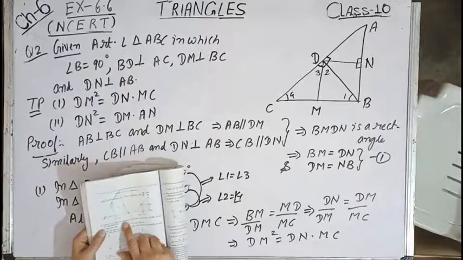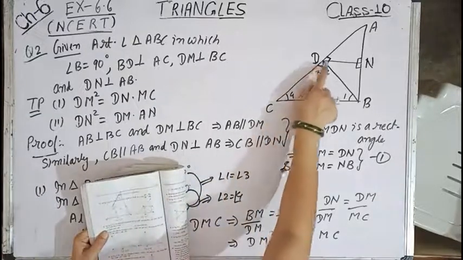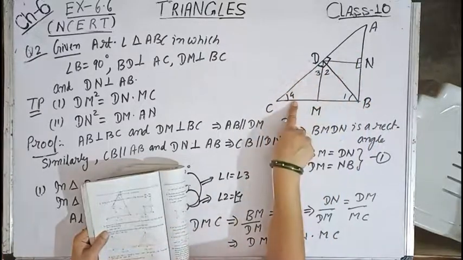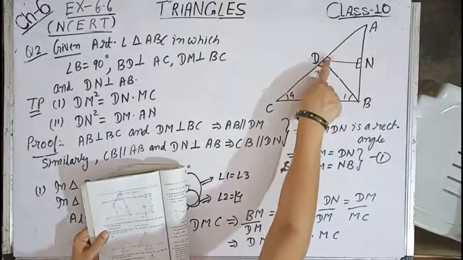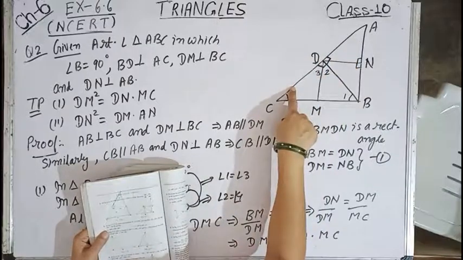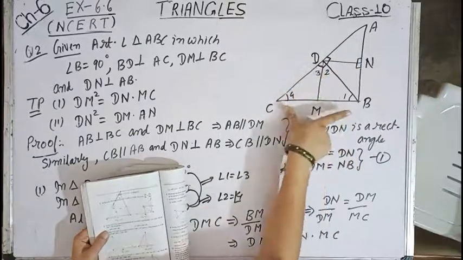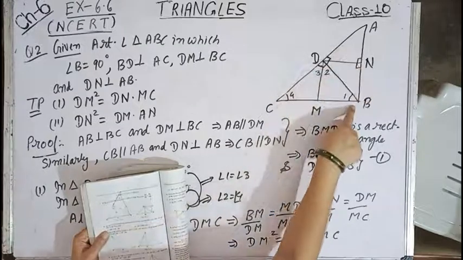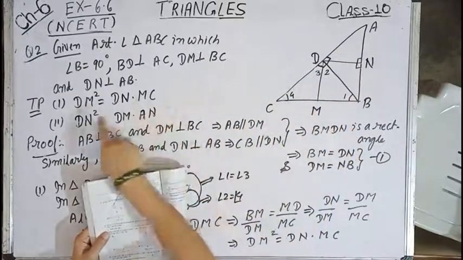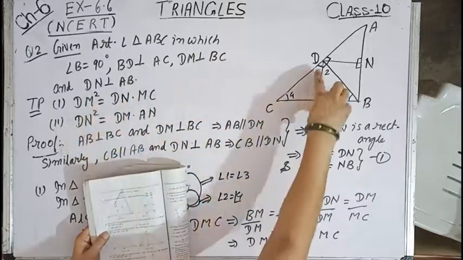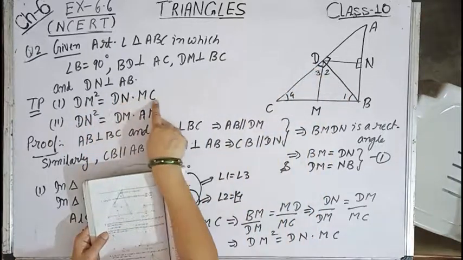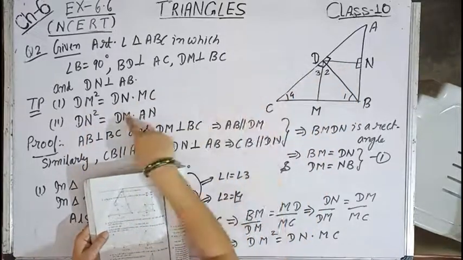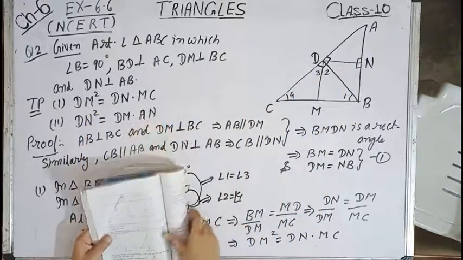In the figure, D is a point on the hypotenuse AC of triangle ABC such that BD is perpendicular to AC, DM is perpendicular to BC, and DN is perpendicular to AB. We have to prove that DM square equals DN into MC, and DN square equals DM into AN.